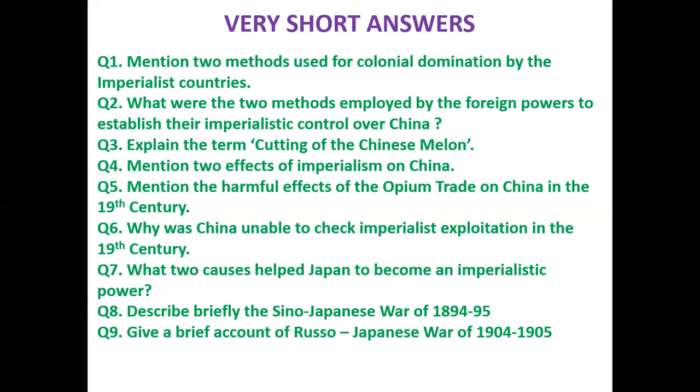Number 2, her sea power was also very weak, and so she fell an easy prey to different imperialist countries like France, Britain, Russia, and Japan, as they were far advanced on the naval side. Different imperialist countries had also developed sophisticated weapons, and China was no match for them. She was still using age-old weapons which had become obsolete and outdated.